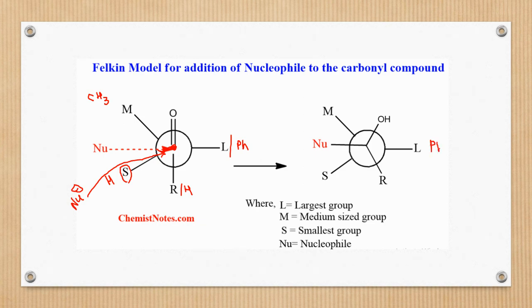Just put your substituents at these positions and you will get the answer very quickly. So this is the model which will ease your work. This is hydrogen, this is also hydrogen, and the nucleophile is methyl. Methyl lithium is getting attached. So if it is getting attached here, then you have everything in place.